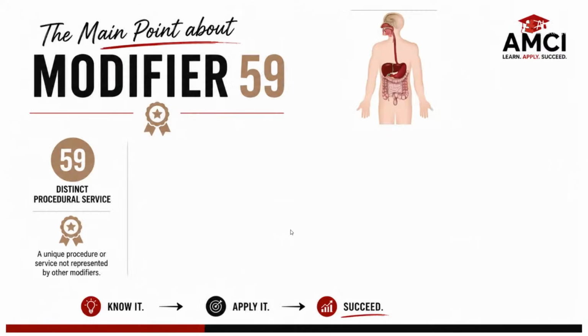And let me make it bigger for you. Modifier 59 is used if a different session or procedure or surgery took place, like a different encounter, right?